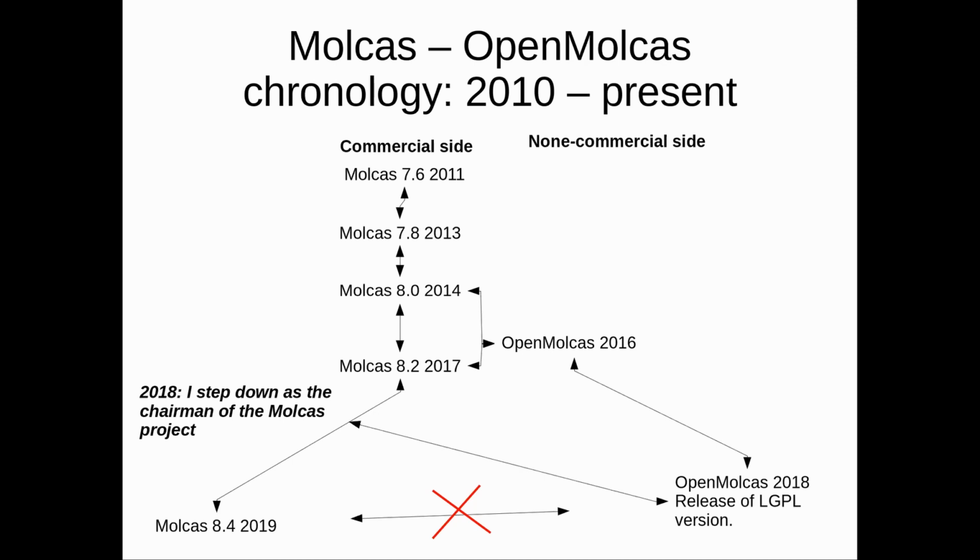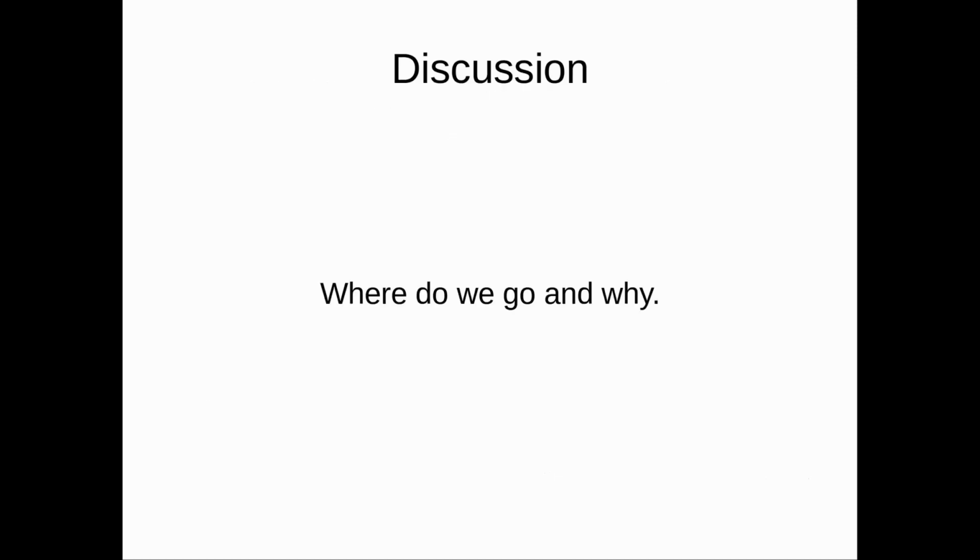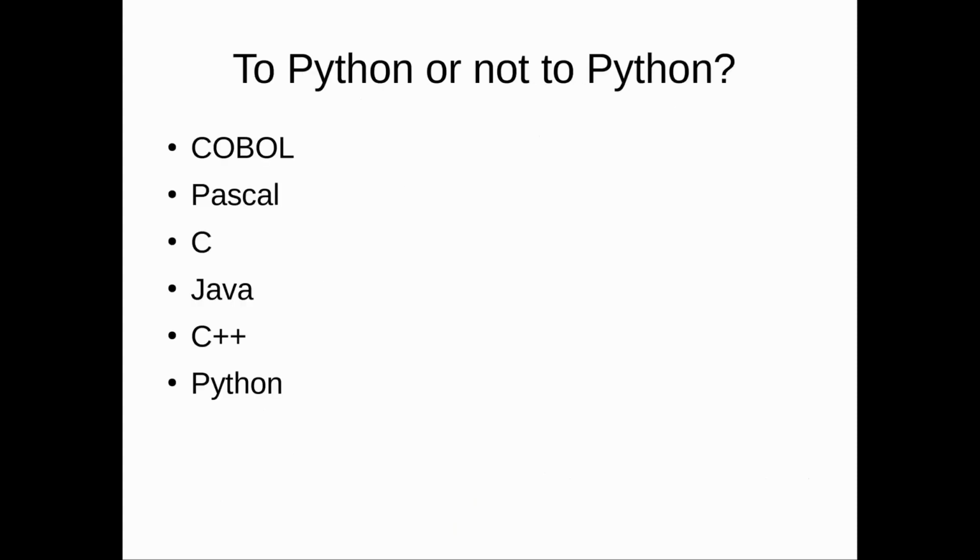So where do we go, and how do I see the developments that have to be done? During my career, I have seen a lot of what people say are top-notch languages. When I started off as a student, it was COBOL, later Pascal.